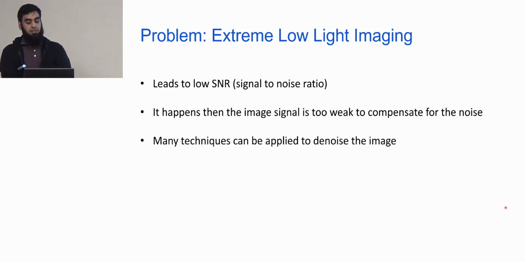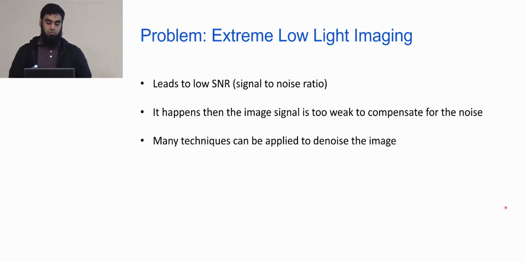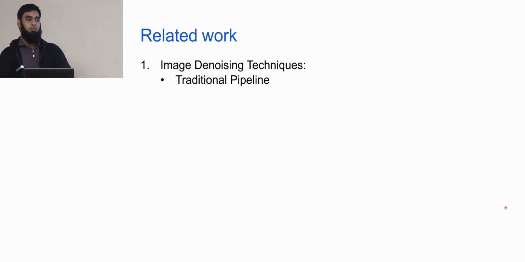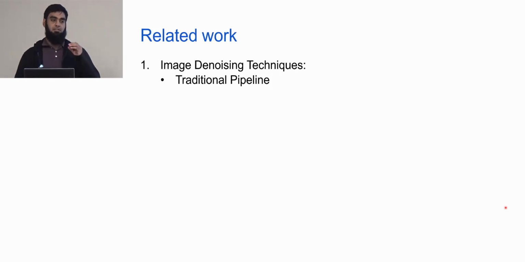There are many techniques that can actually be applied to denoise the image, and we're going to start talking about some of them. In this related work section, let's talk about some image denoising techniques. I'll briefly talk about them here and then discuss them before we talk about the results. One is the traditional pipeline, in which there are some post-processing techniques applied, including demosaicing and white balance and others.